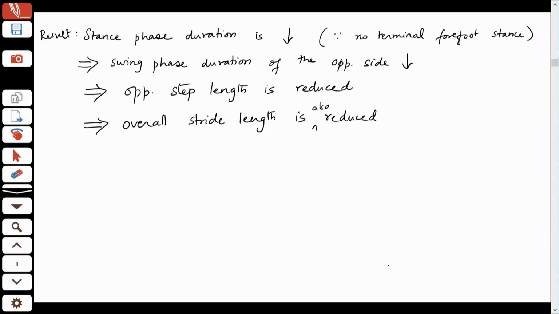Because of the absence of the foot flat, the GRF remains posterior to the knee center, and so you may have again a case of excessive knee flexion because of this deformity in the foot.